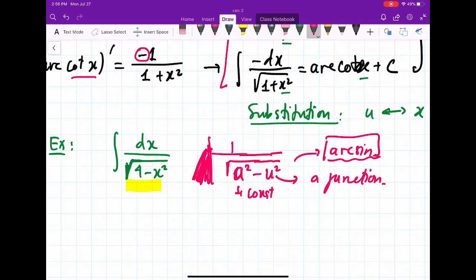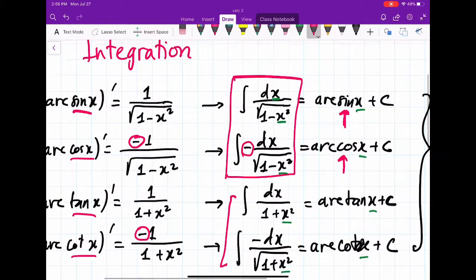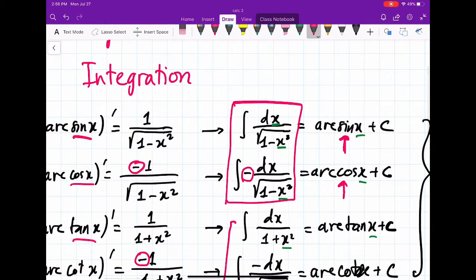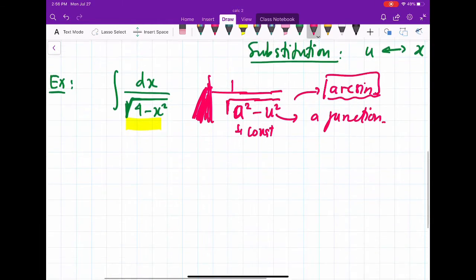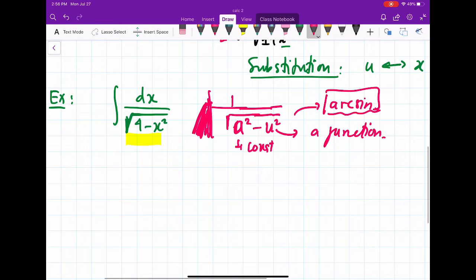Since in this formula you have square root of 1 minus x squared, and as I have said, instead of x, if you have u squared, you need to change that. So I need to change the function a little bit. I will change it as follows. I have dx, and here I will take 4 out.